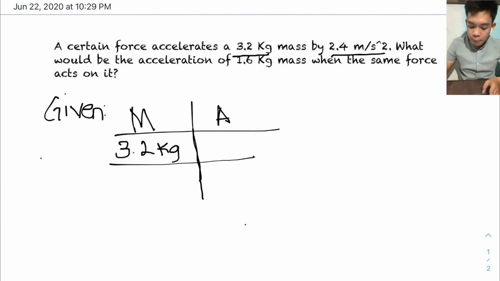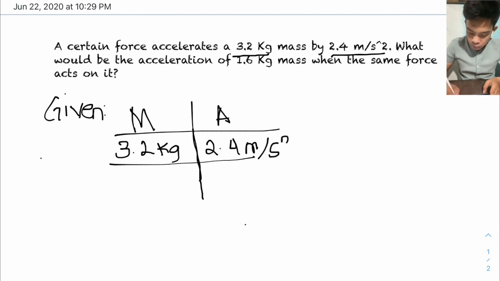Based on our problem, if the mass is 3.2 kilogram, its acceleration is 2.4 meters per second squared. And the other one is, the question is what would be the acceleration?